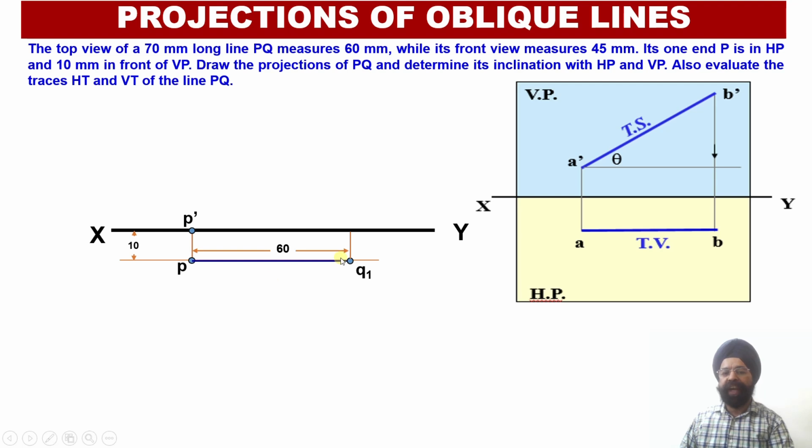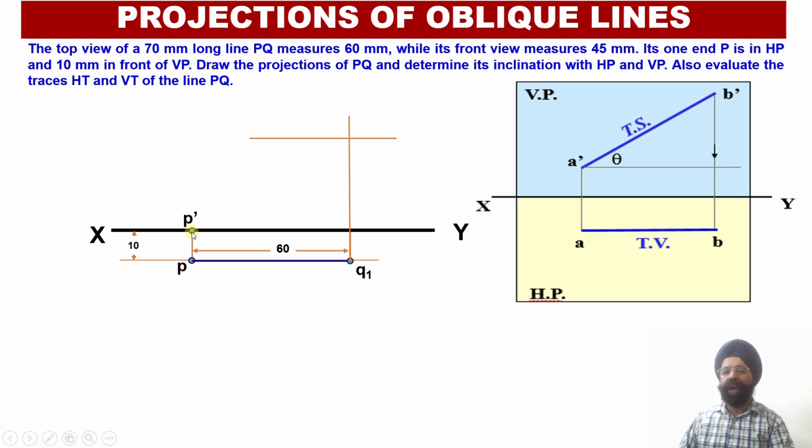So through this point Q1, I am going to draw a vertical projector line perpendicular to the XY reference line. Once I draw it, I know that I have got 70 millimeter as the true length of the line, and I have already marked this length 70 millimeter as P dash Q1 dash over here.